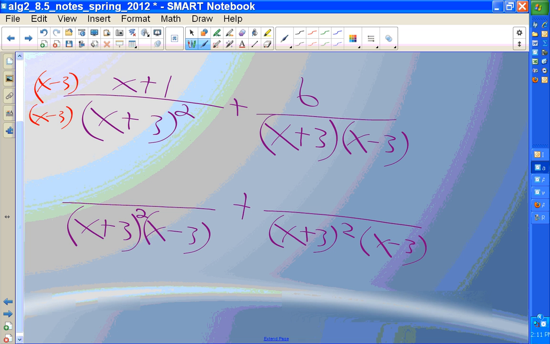On the bottom, we get the LCD. On the top, you get x plus 1 times x minus 3. What do we multiply x plus 3, x minus 3 by to get the LCD? X plus 3, top and bottom. So we have 6 times x plus 3.